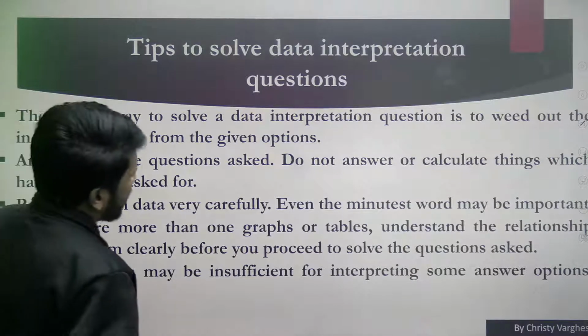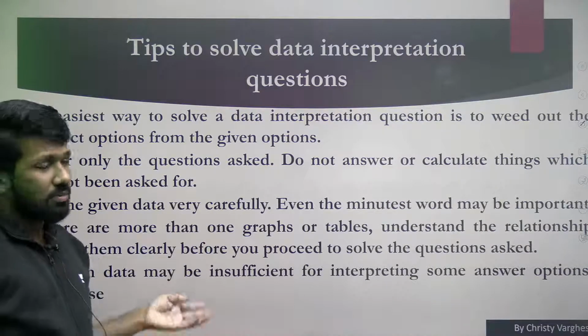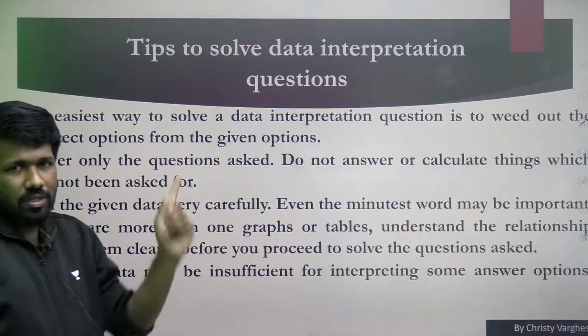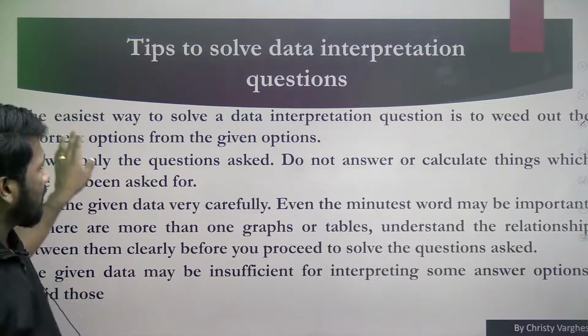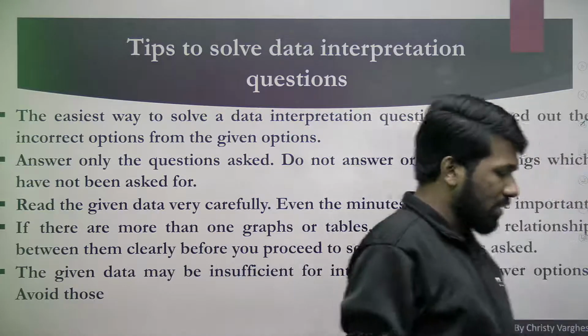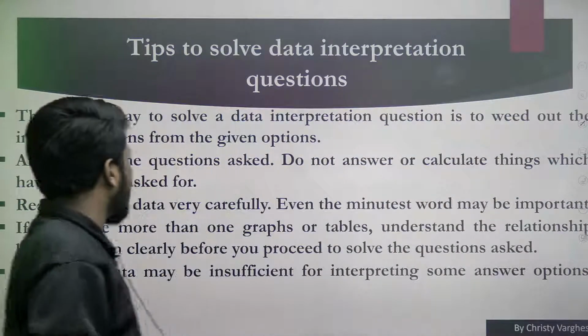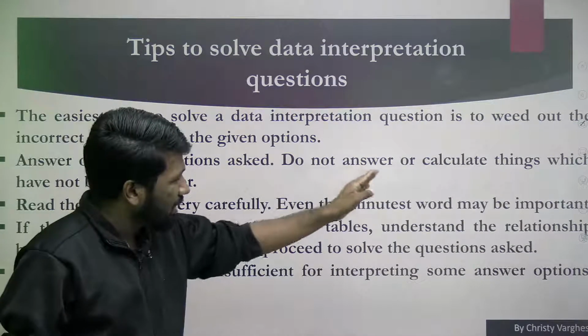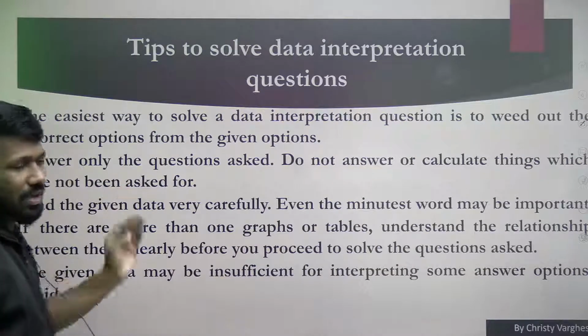In many questions, elimination also works. In the previous two questions it was not needed, but in many questions, like the first question, we used elimination one by one as you analyze. Instead of finding the right answer, finding the 3 wrong options is easier. Finding the 3 wrong options and weeding them out is better. And in some questions, answer only what is asked, do not calculate things which have not been asked.